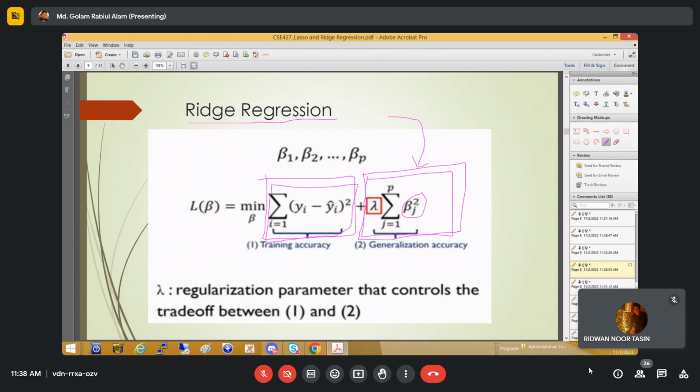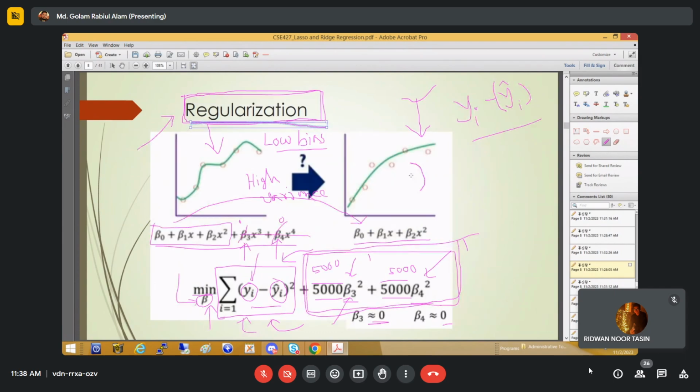This penalty will reduce the weight of the higher degree polynomials, so that we can get the right polynomial for our regression.